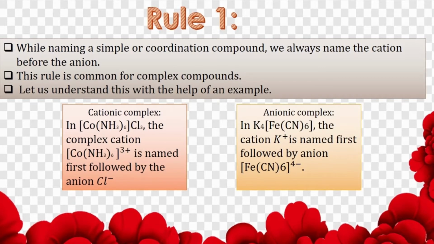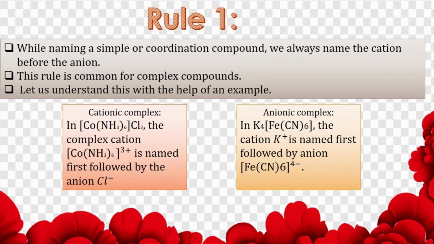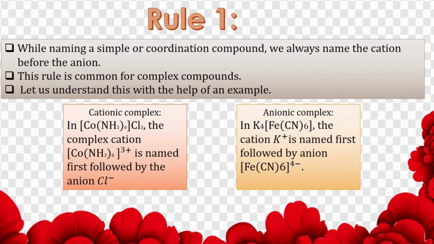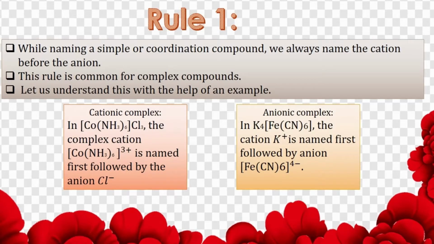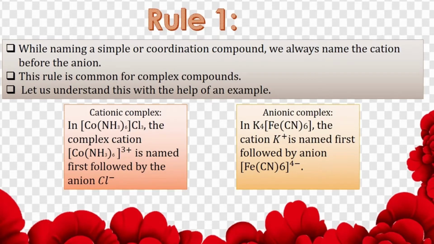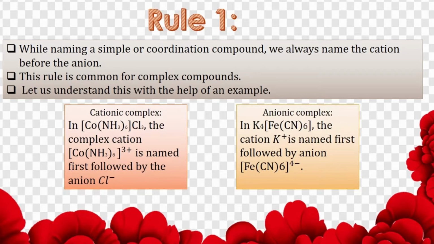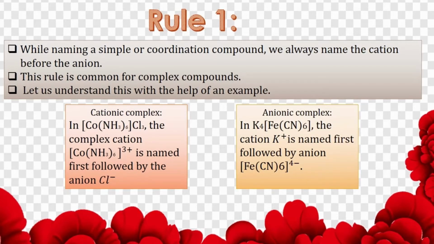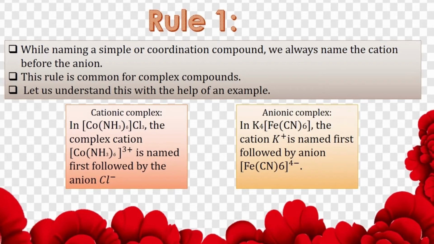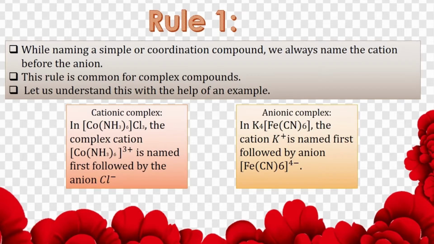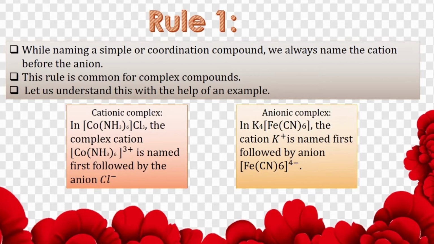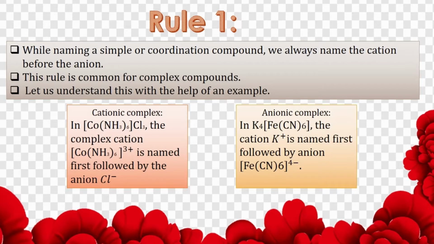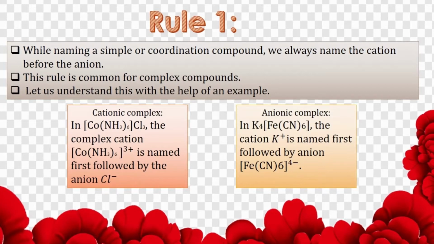For example, if you take the complex [Co(NH3)6]Cl3, the counter ion is negatively charged, so the complex will carry a positive charge. Therefore, the complex, which is the cation, should be named first, followed by the name of the anion, that is the counter ion.